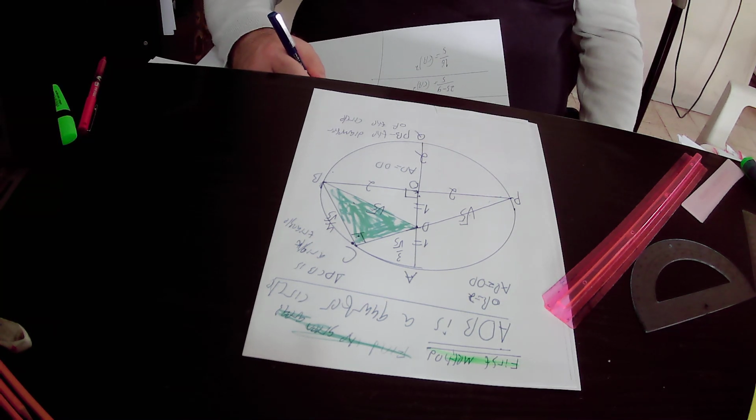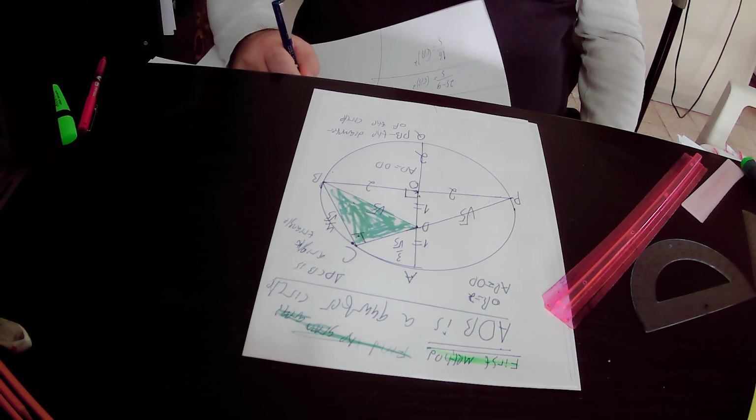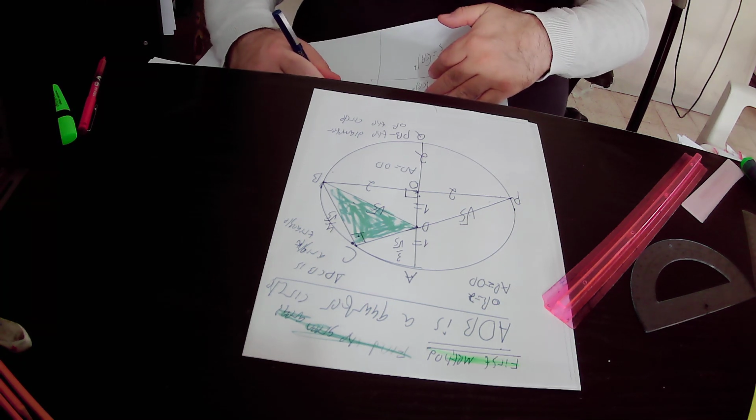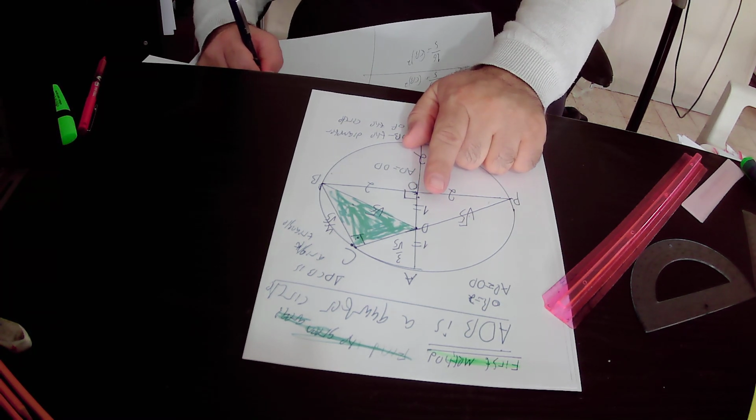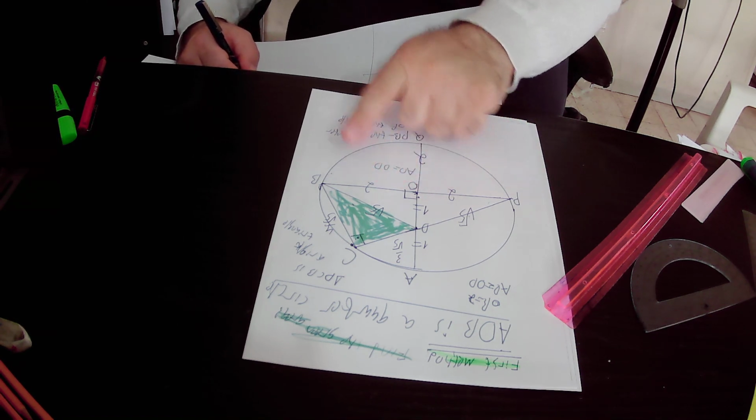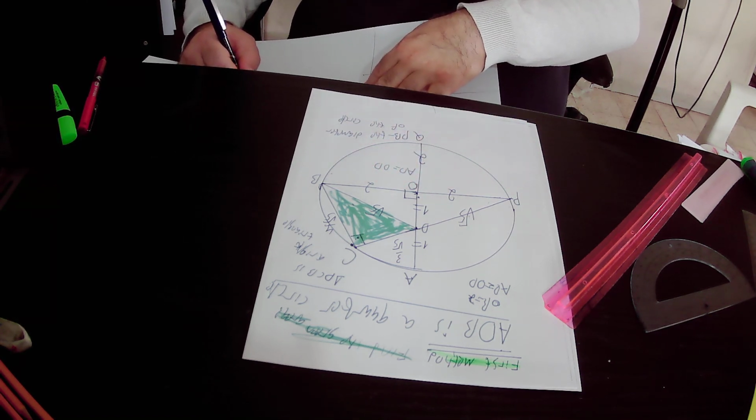The area of triangle DCB will be equal to the base of the triangle, that is DC, times the height to the base, that is CB, over 2.